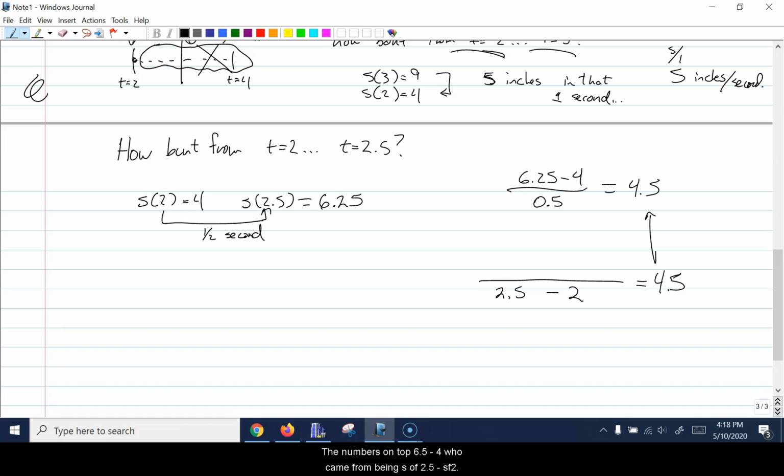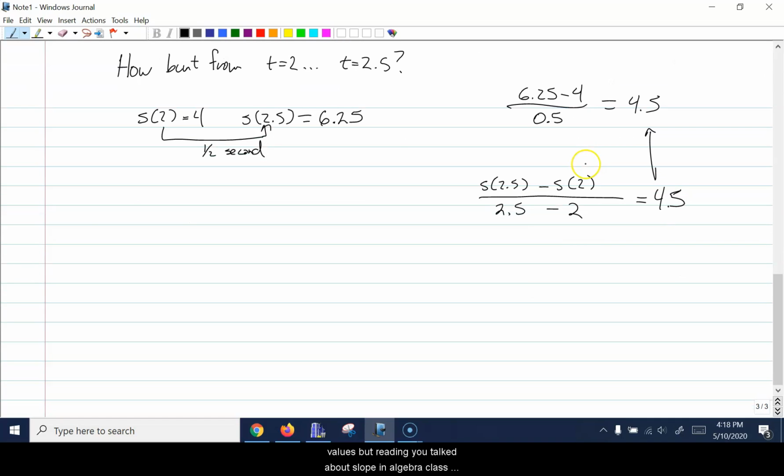The numbers on top, 6.25 minus 4, those came from being s of 2.5 minus s of 2. It was a difference of y values over difference of x values. The reason you talked about slope in an algebra class was because it gave you the rate of change of something. And that gave us 4.5.